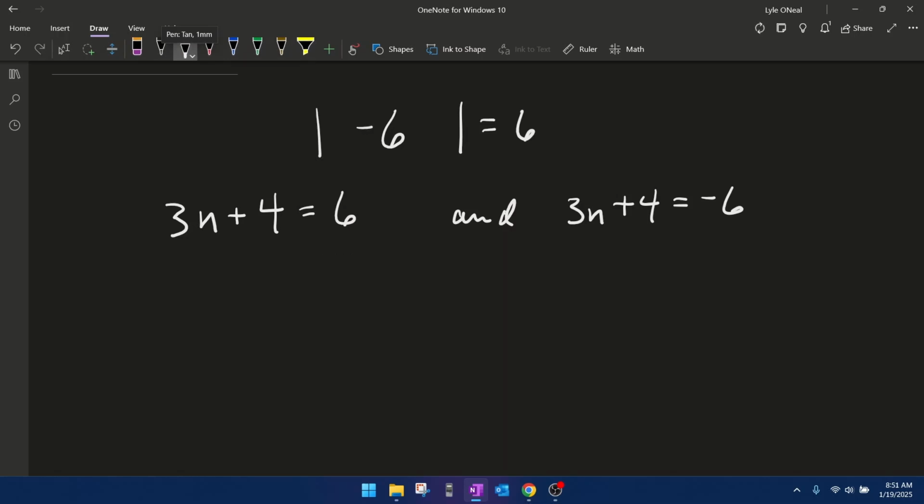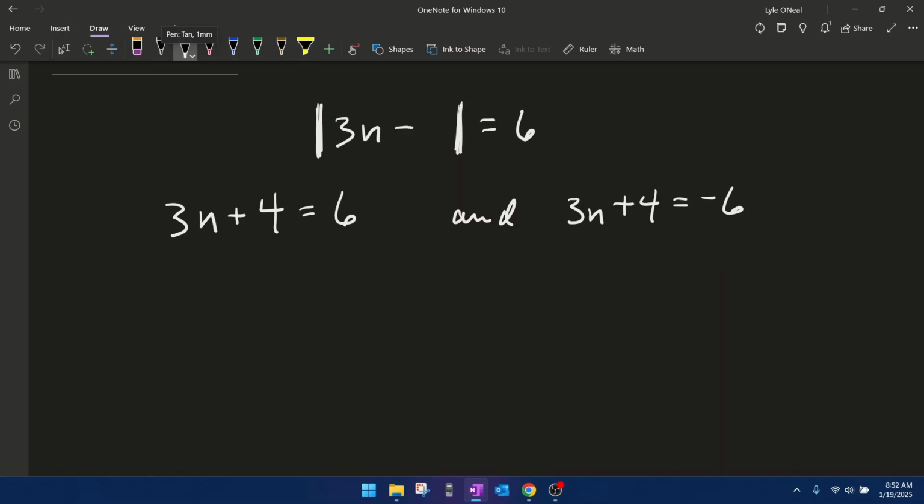And if we let the stuff inside the absolute value be -6, because absolute value makes the number inside positive, that would also give us a solution. And so this is why the stuff inside the absolute value doesn't change, but what you set it equal to does. And now once we solve both of these equations, we'll have our solutions.